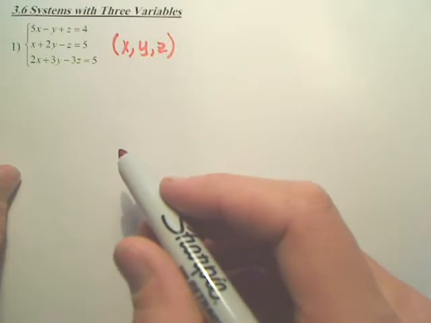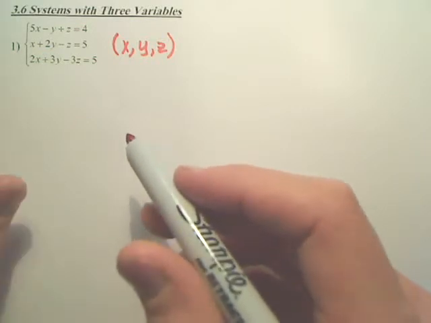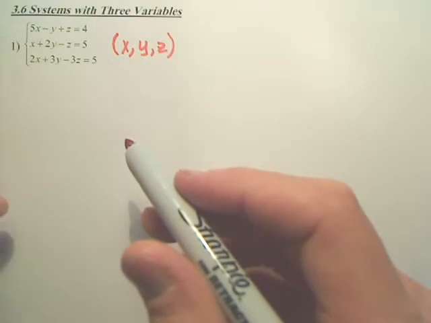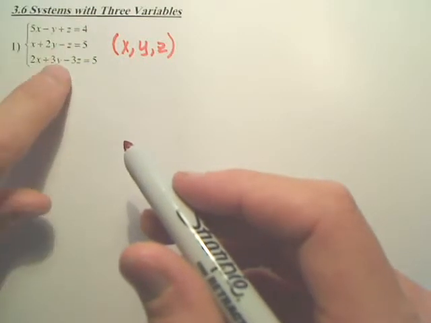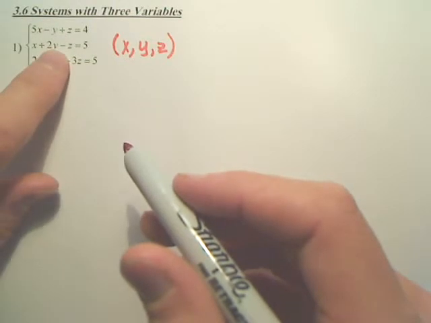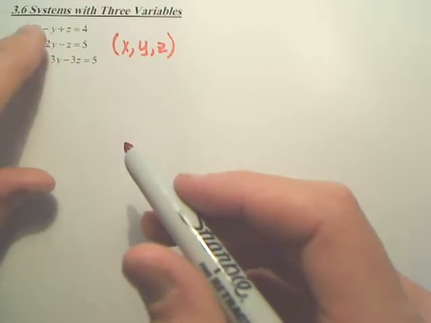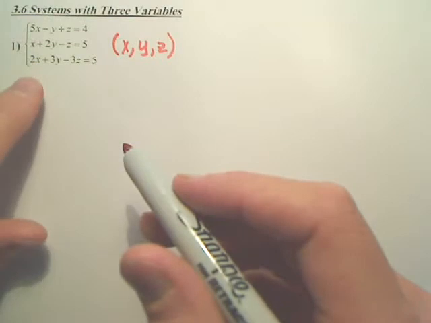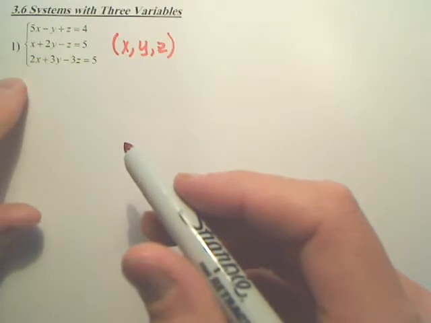Now that might not make sense, but with some practice, you'll notice in this situation z is probably your best bet to get rid of. Because right away, can I cancel z by adding those? Yes. Then I could choose two new equations and cancel z again.